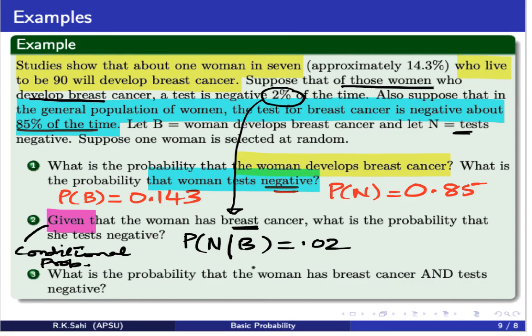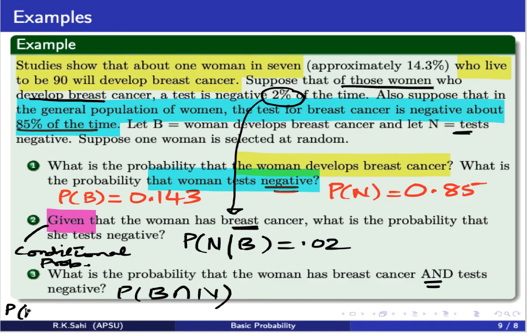The last problem, what is the probability that the woman has breast cancer and tests negative? In other words, we're looking at probability of B, that means breast cancer, and intersection negative here. Now, if you go back to the conditional probability formula, remember conditional probability formula is what?